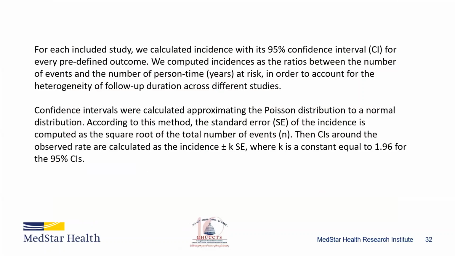So what they did for each study, they calculated the incidence and its 95% confidence interval for each of the predefined outcomes. That would be the composite outcome, and then each one of the components separately. They expressed the incidence as ratios between the number of events and the number of person time, in this case, years at risk.